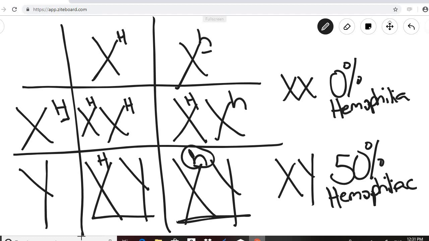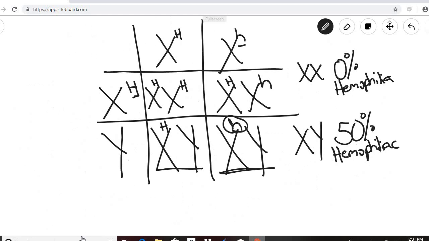So that is hemophilia, and how hemophilia gets passed on: you can have a woman and a male, neither one of which have hemophilia, but they can have hemophiliac male offspring because you only need to have one of those alleles in order for the disease to be present.